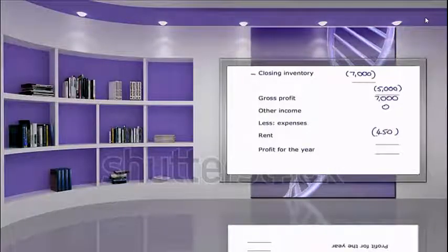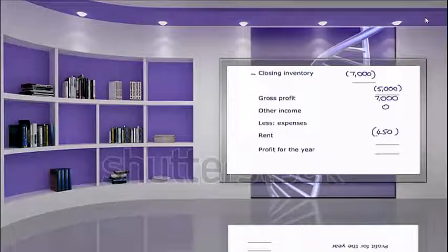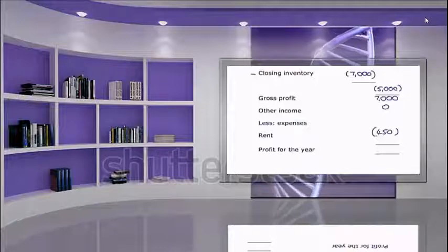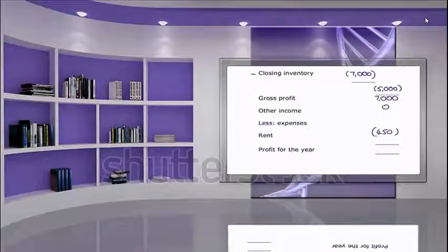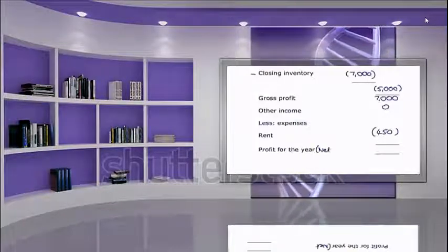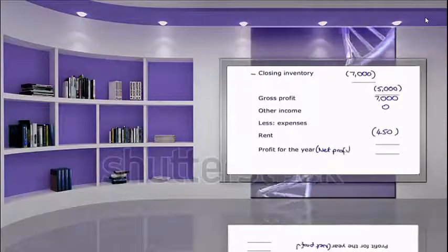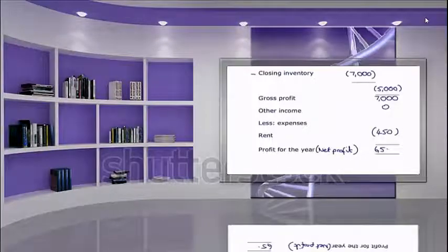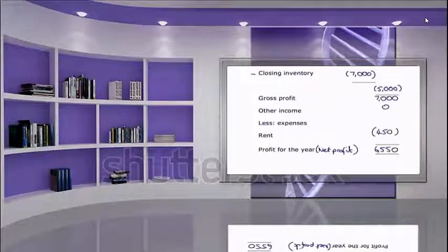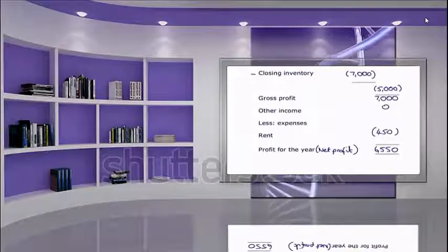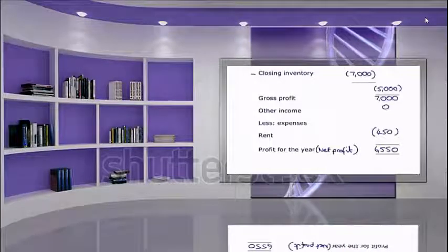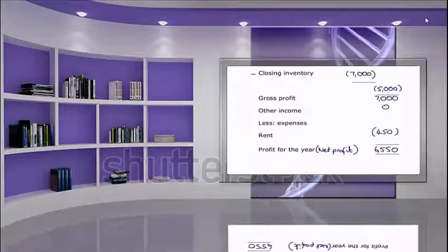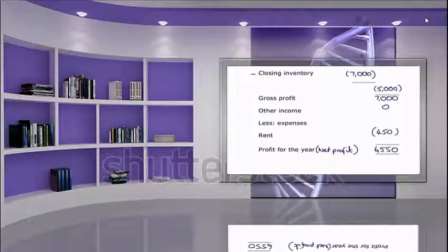So, gross profit plus other income minus your expenses, in this case just rent, is going to give you profit for the year, sometimes referred to as net profit, and that is going to be $6,550. So George is making a net profit of $6,550 at the end of the 2 weeks. Not bad if you ask me.